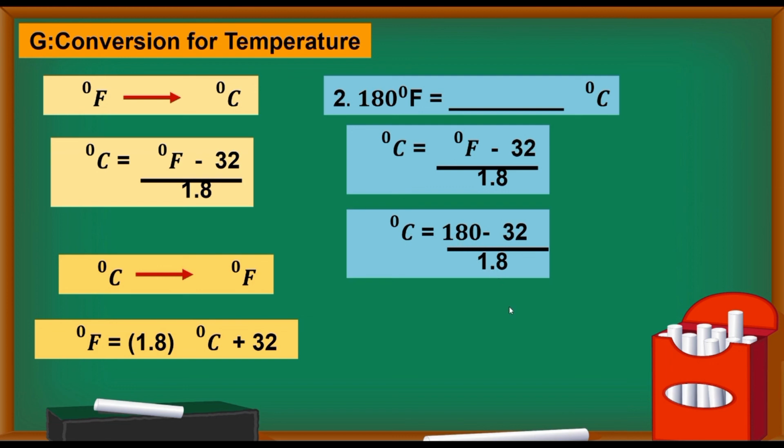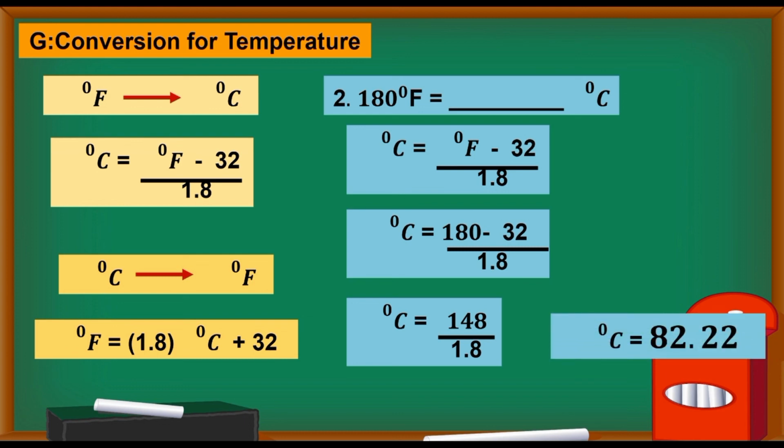So, 180 minus 32 is 148 over 1.8. Now, we divide 148 by 1.8. So, degrees Celsius is equal to 82.22. So, that means 180 degrees Fahrenheit is equal to 82.22 degrees Celsius.